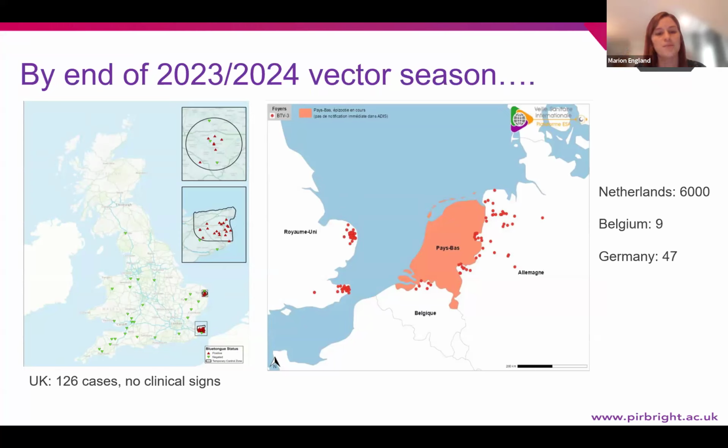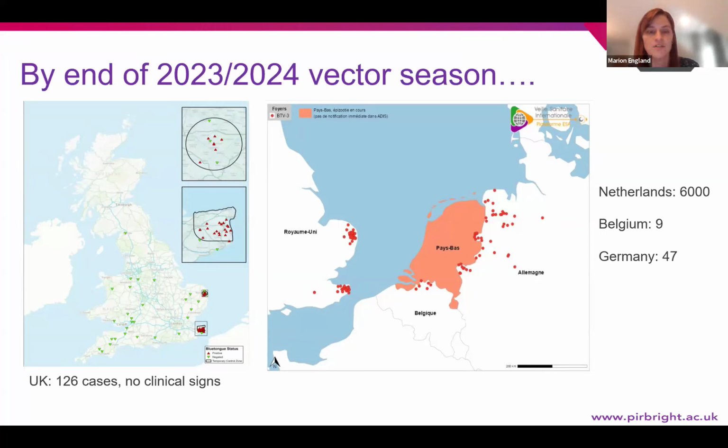So it spread. We had 2 clusters of infection at the end of 2023 within the UK. We had a number of cases in Kent, and there seemed to be a second incursion event from the continent that was separate from the Kent foci in Norfolk. So we had a few cases in Norfolk as well.